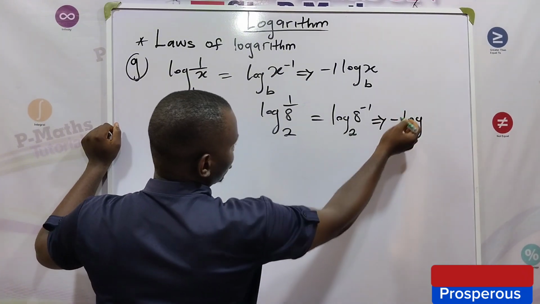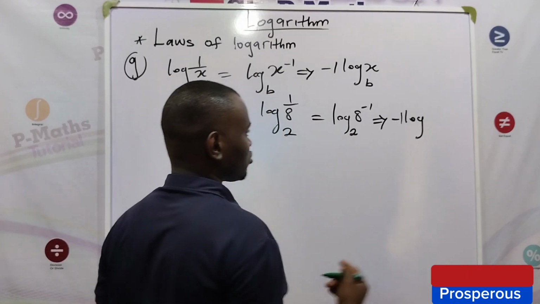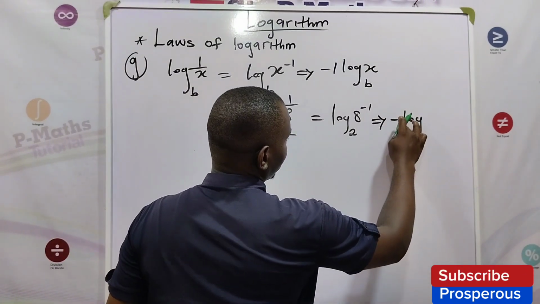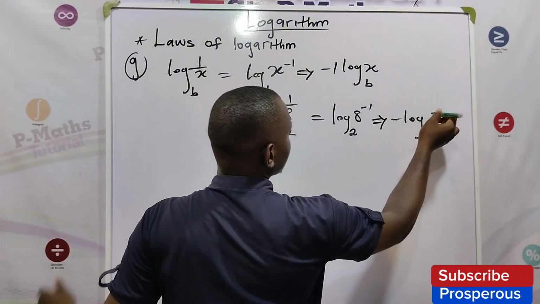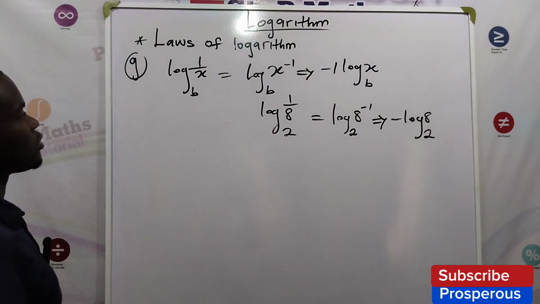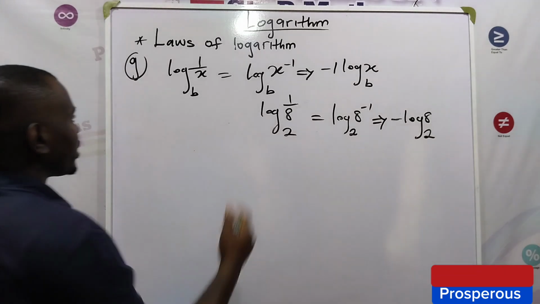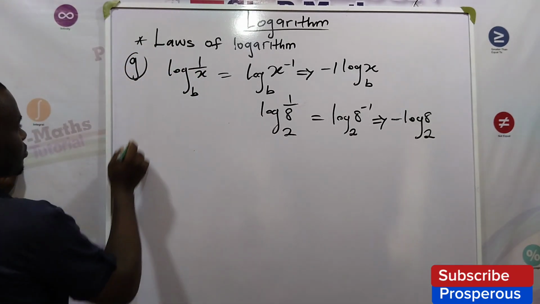Of course, I cannot write minus 1 logarithm because 1 is a unit. So I'll simply say minus logarithm 8 base 2. All right. So that example will explain this principle or this law.